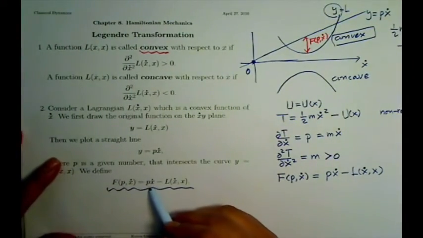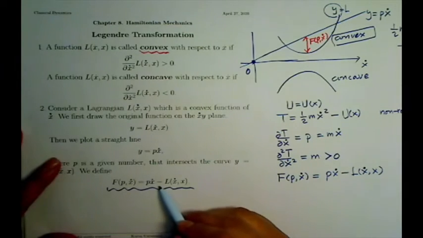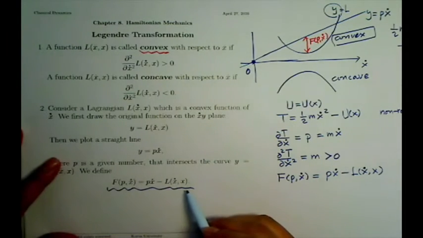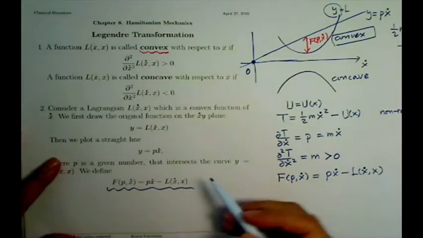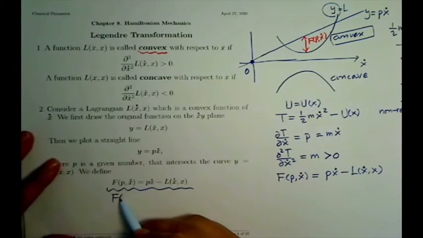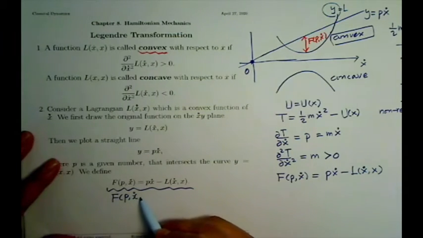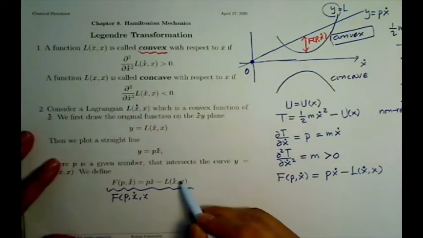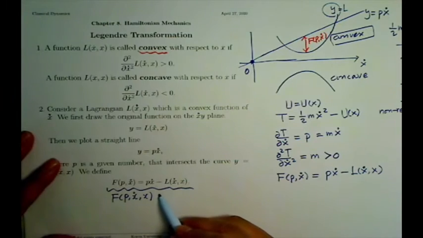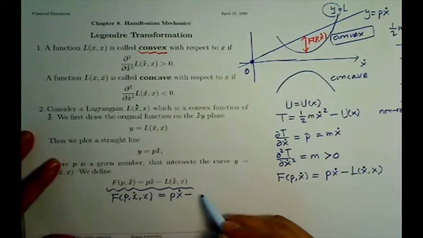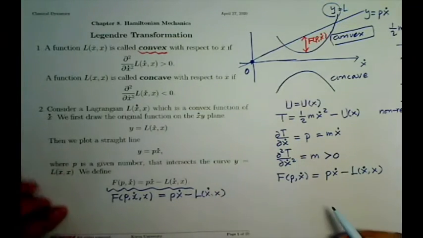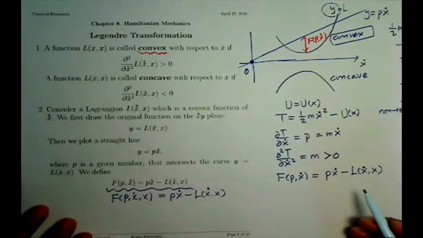So this function is a straight line minus Lagrangian. Actually this is a function of the slope, horizontal axis, and because Lagrangian is also a function of x, this is this.